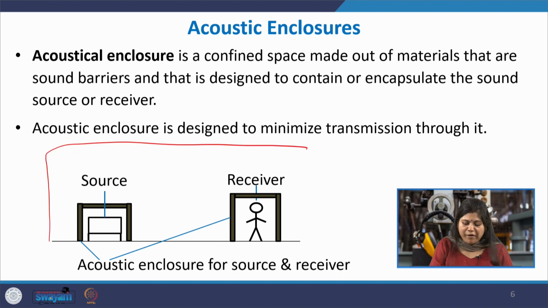In a typical factory setup where there are a lot of machineries, and there is a control room where personnel are working to operate these machineries from time to time, the best way to protect the personnel could be to construct enclosures in these factory setups.